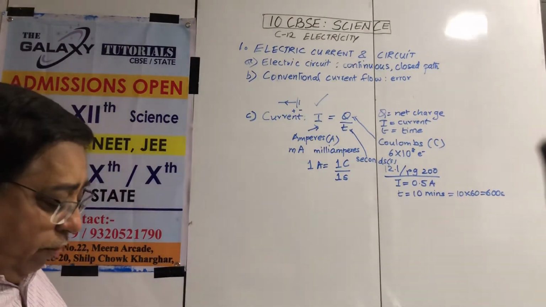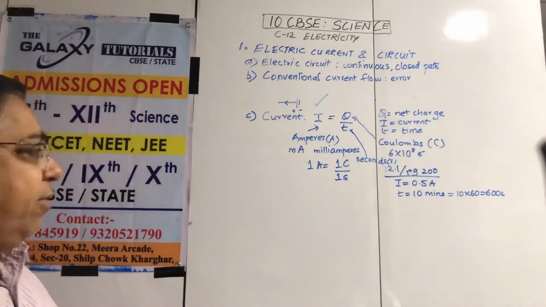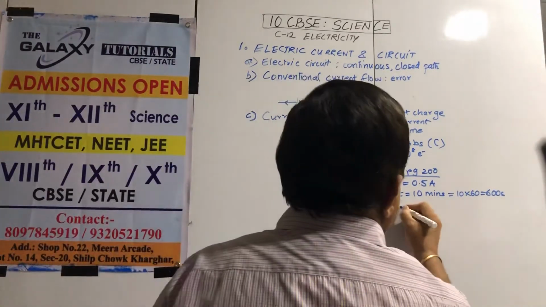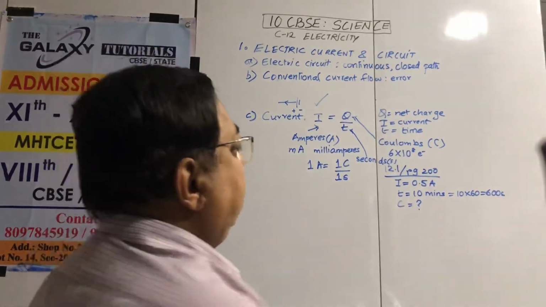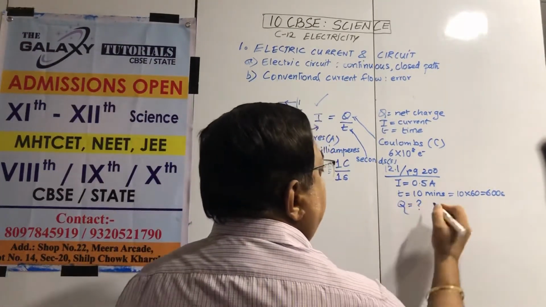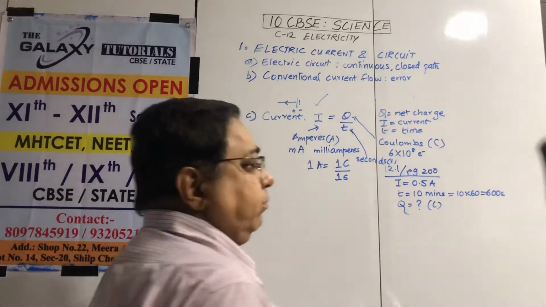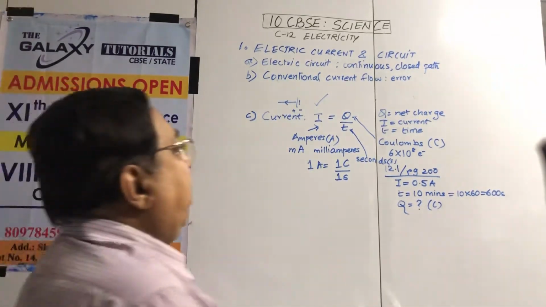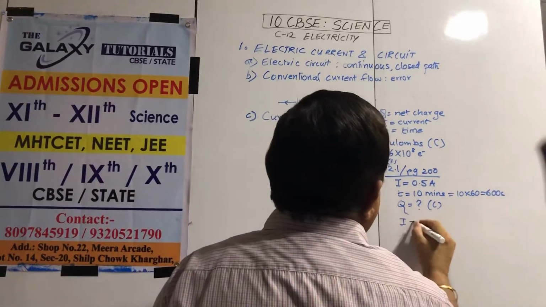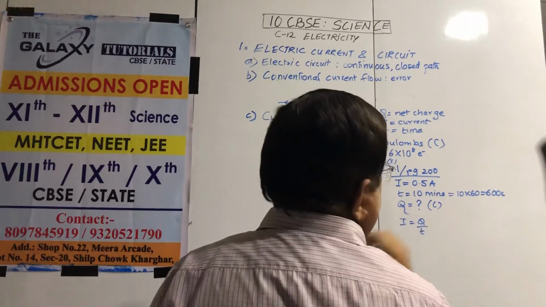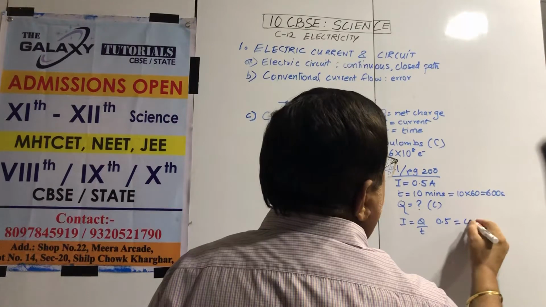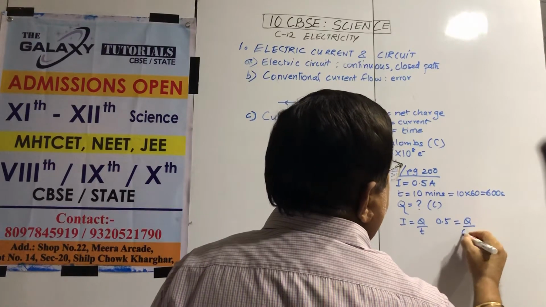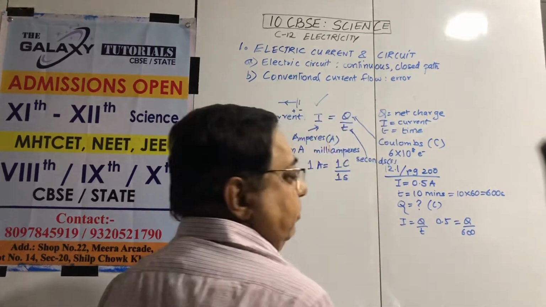So we are keeping it on for 10 minutes. Find the amount of electric charge which flows through the circuit. How much charge has flowed through the circuit? Charge Q in terms of C. Now I have I is Q upon T. So 0.5 is I, I need to find Q, and I have 600 seconds.